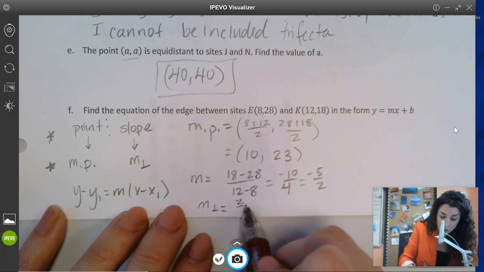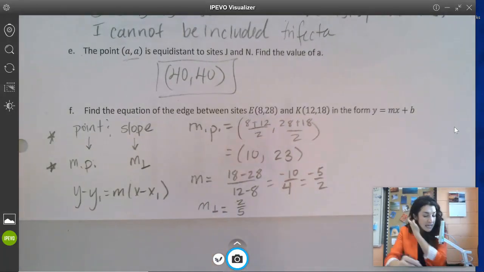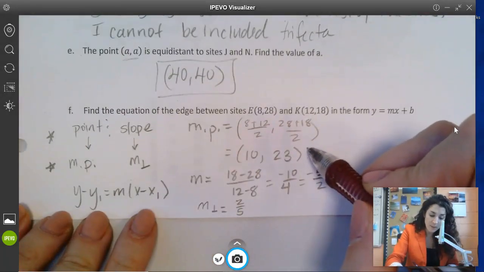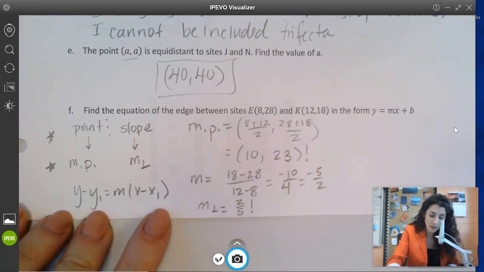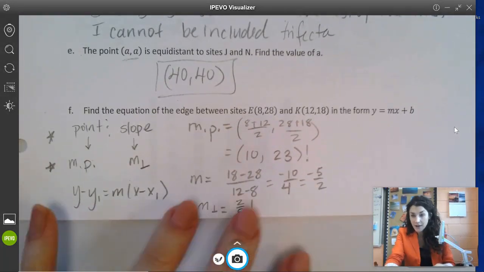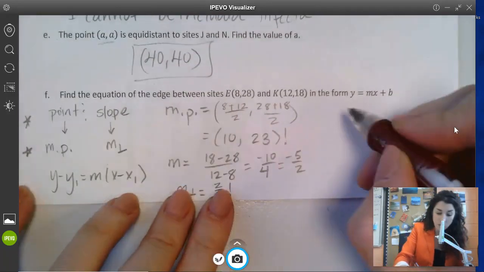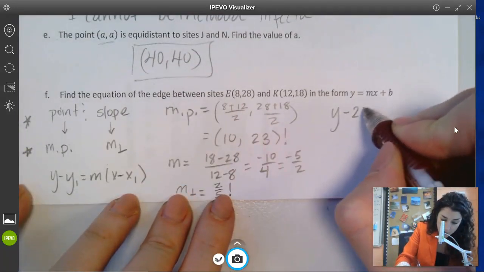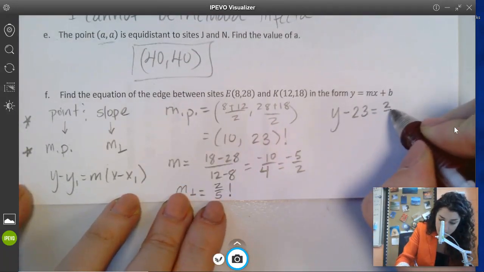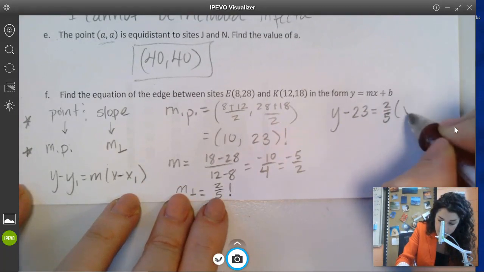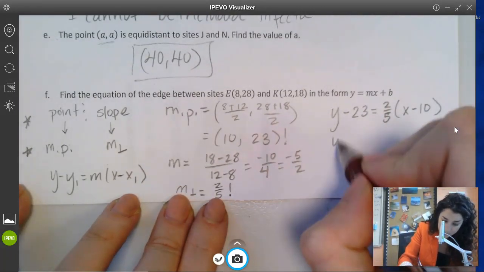So that's going to be 2 over 5. So we now have the information that we need in order to put this together and find the equation of our line. So that'll be y minus 23 equals m times x minus 10.